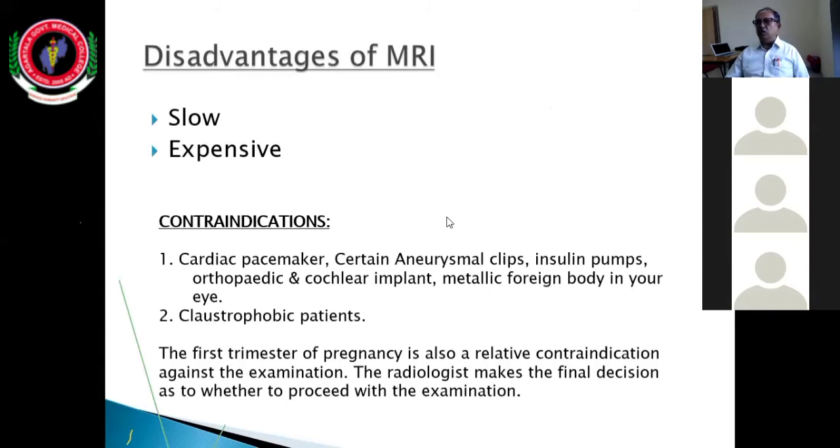What are the contraindications of it? Where there is a cardiac pacemaker in the human body, a metal aneurysmal clip, insulin pumps, orthopedic and cochlear implants, or metallic foreign bodies, MRI is contraindicated.